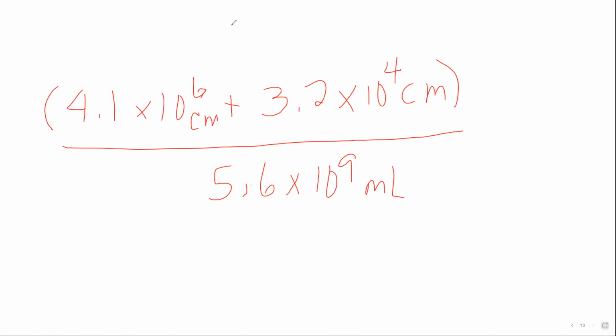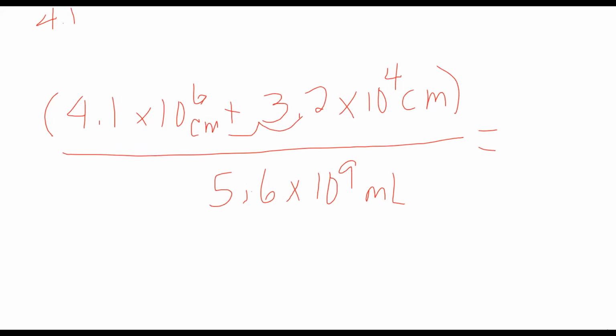Okay, so we're adding this first, obviously. The order of operations dictates that we do the addition first. So in order to do this addition, we have to move this one back too, right? So that means we're going to end up with 4.1 times 10 to the 6, right?